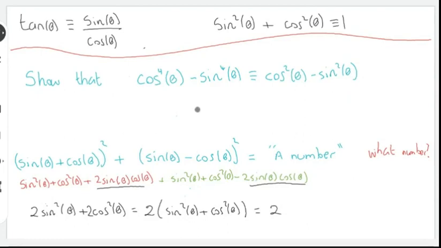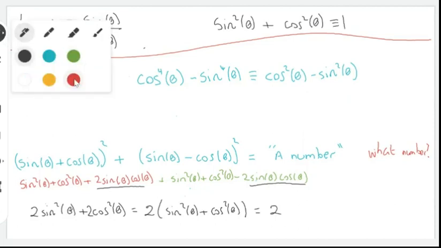Multiplying anything by 1 isn't going to change it. So if you times sine squared theta plus cosine squared theta by sine squared theta plus cosine squared theta, is that going to come out with cosine to the 4 theta minus sine to the 4 theta?